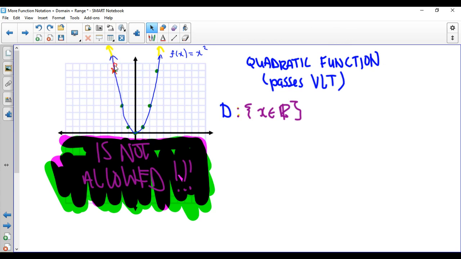So when I look here, what's the input? The input is -3. Well, -3 squared is 9. And then when I go here, input is -2. -2 squared is 4. -1 squared is 1. 0 squared is 0. And then my next input, I bounce back up. X is 1, output is 1. X is 2, output is 4. So if you were on this function, you'd never get below the x-axis.